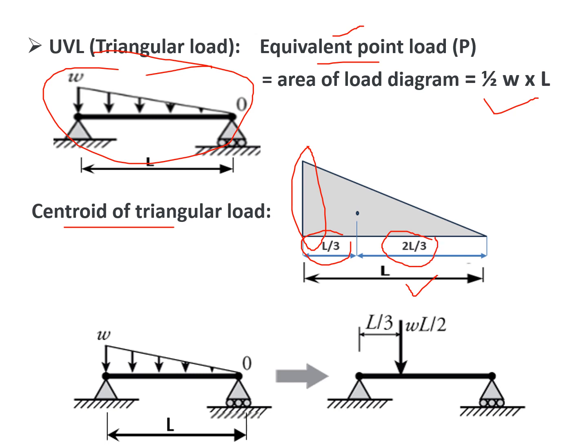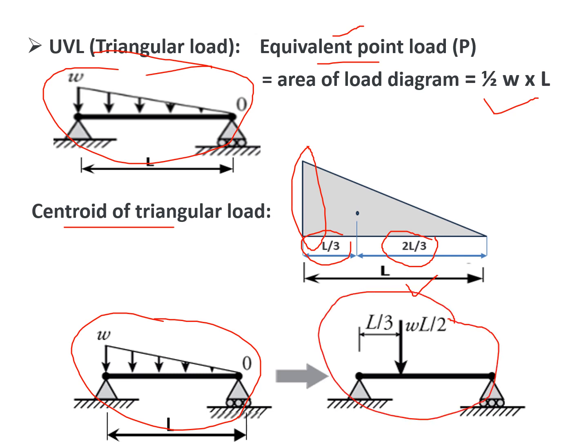So now you see this is the triangular load as a UVL, and this is its equivalent point load. Equivalent point load means first we find its value, and then we place it on its centroid. That is the way to convert the triangular load into its equivalent point load.